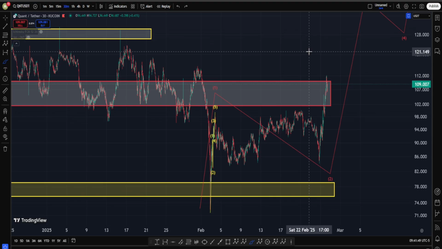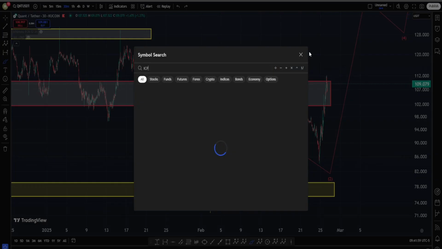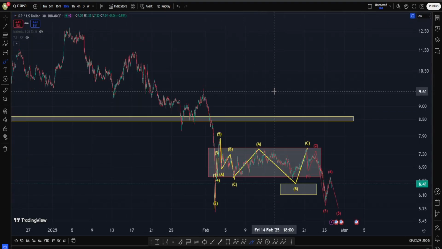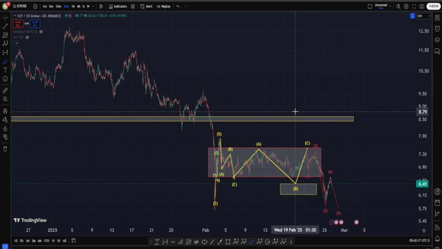Or maybe that's actually going to be our final bottom and we are going to start the next phase of the bull run. I would like to bet on the second option, but again, I cannot tell you anything for sure. There is no certainty in any market. We are only talking about the probabilities in here. And based on what I'm seeing, I would like to argue that the downsides in ICP and also a lot of other altcoins are very limited.